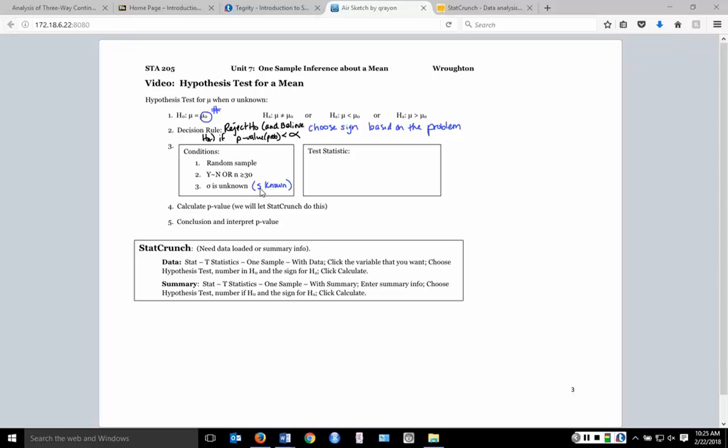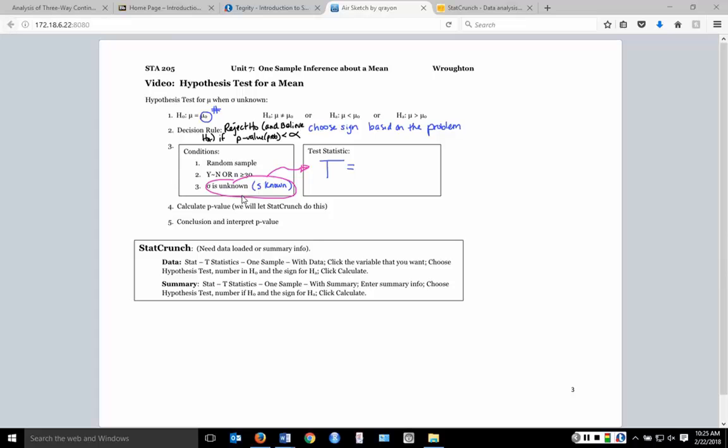It will just now be the sample standard deviation instead of the population standard deviation. So the reason why this third condition is here is to understand that when I go over here to my test statistic calculation, that's why I'm going to have this t. It's really this condition that's leading to me using this t instead of the z that we had seen up until this point.